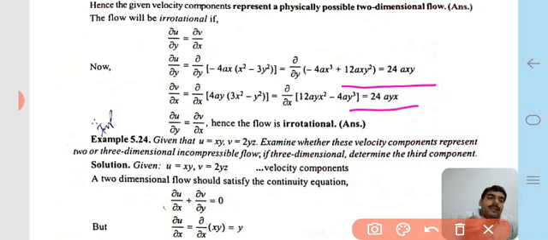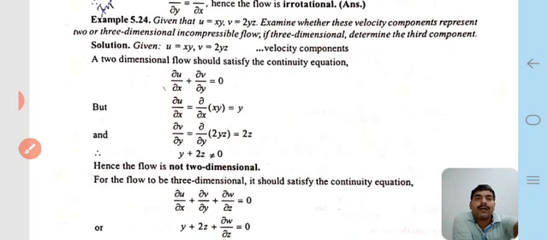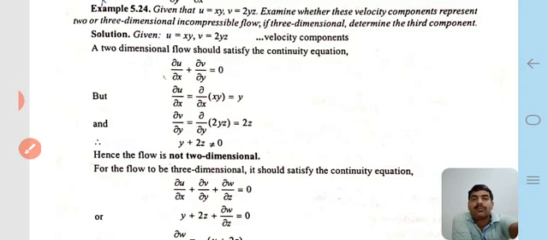Now we come to the next example. The velocity component u is equal to xy and v is equal to 2yz, as you see here.